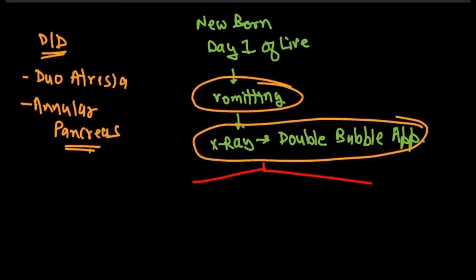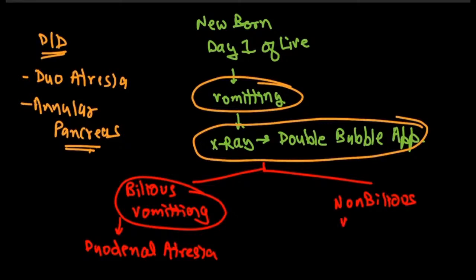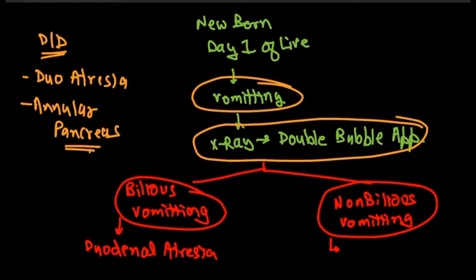If the patient was having bilious vomiting, then definitely the answer is duodenal atresia. But if the patient is having non-bilious vomiting, what is the answer? It is annular pancreas.